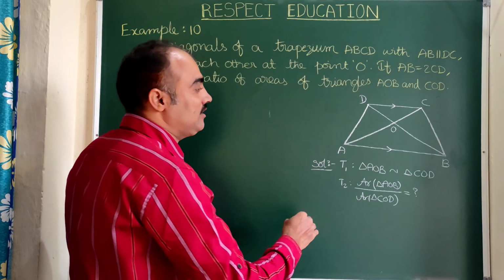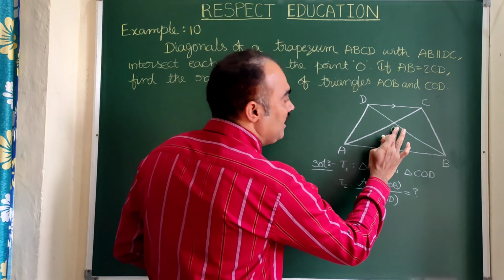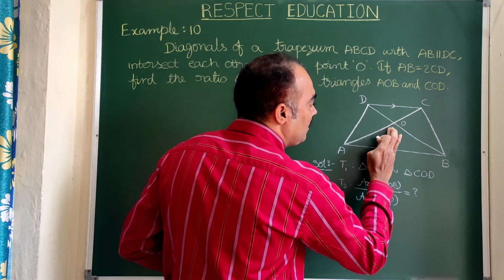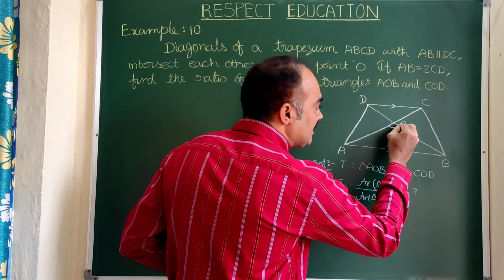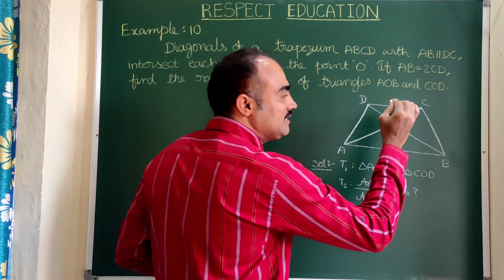Before separating, just observe AOB and COD. Let us move this place O a little bit from here to here. Now you compare this angle AOB is equal to this angle COD.